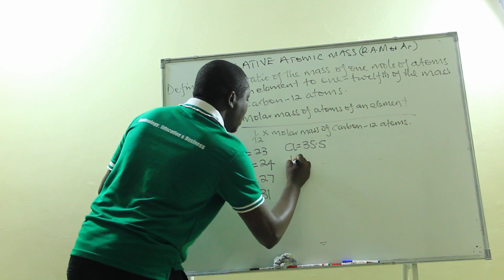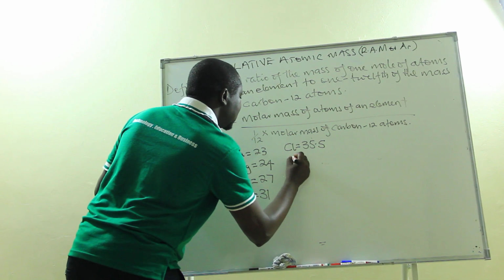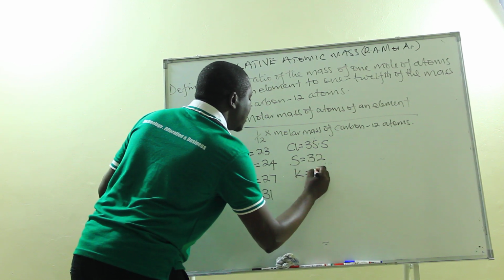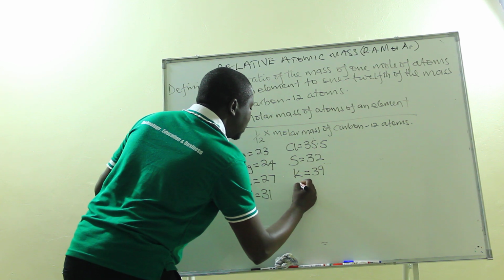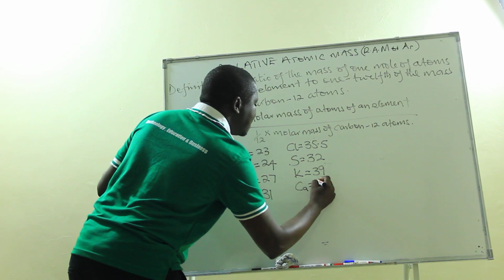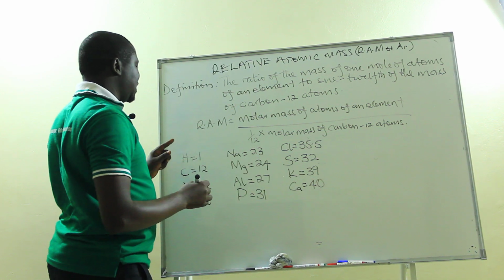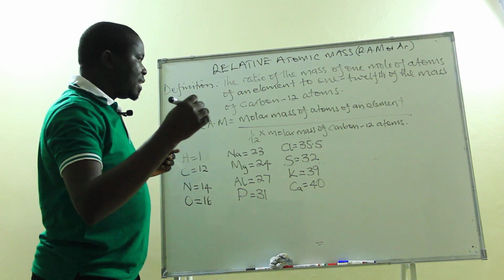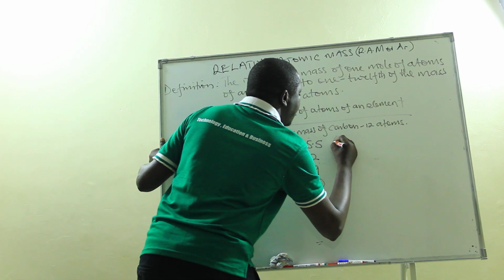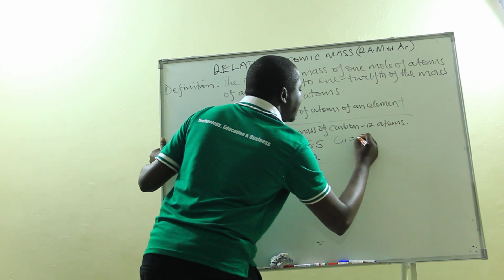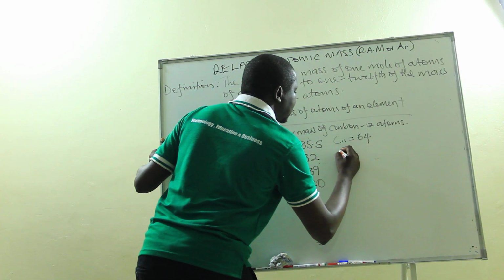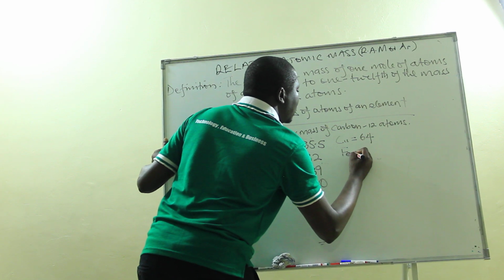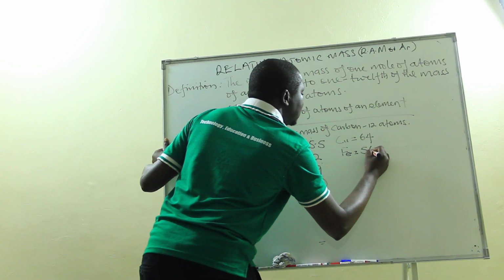Let me use sulfur first, with a relative atomic mass of 32. Potassium with a relative atomic mass of 39. We have got calcium with 40. These are among the first 20 elements. Let me also add other elements, like copper with a relative atomic mass of approximately 64. We have got iron with 56.